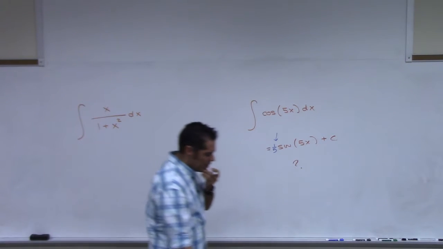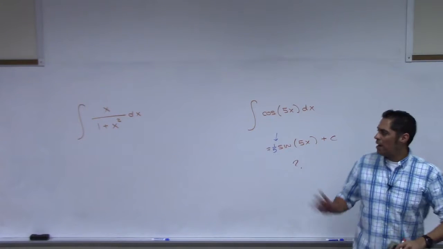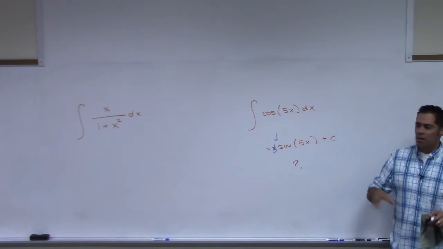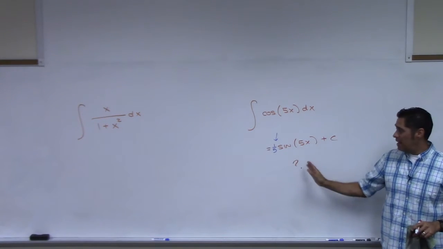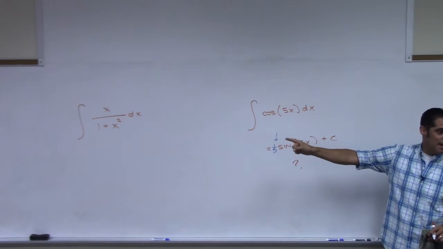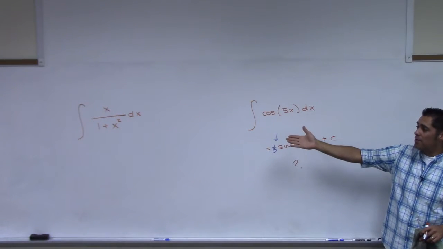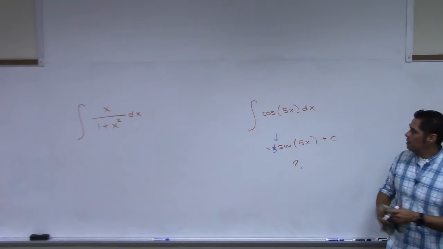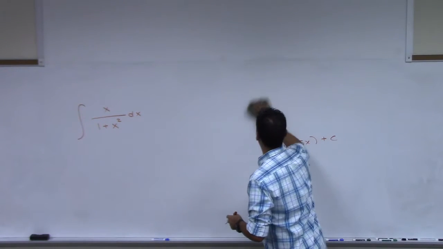Okay, so how are we going to attack these? All I'm trying to illustrate right now is that what we have so far does not get us to this, and we don't have any way of doing that, all right? So let me tell you the way substitution works.